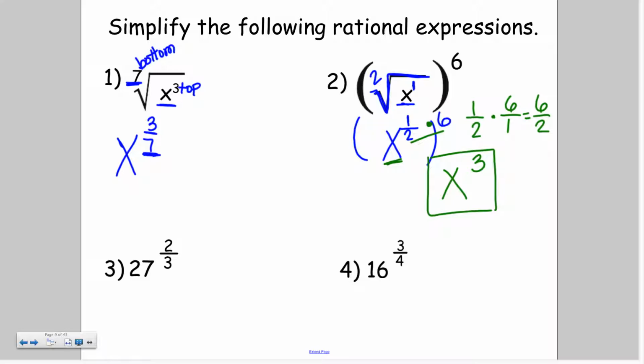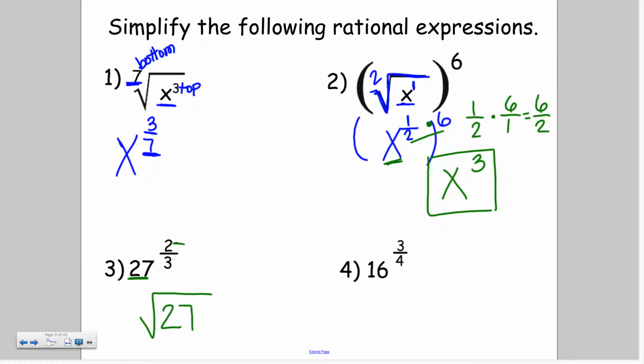Now, 3 and 4, we're going to change to the radical sign. So we're going from a rational exponent to a radical. Okay? We're going to change it. So we know that we're going to have the root sign, all right? Well, our base is going to be 27, so it's going to go in there.